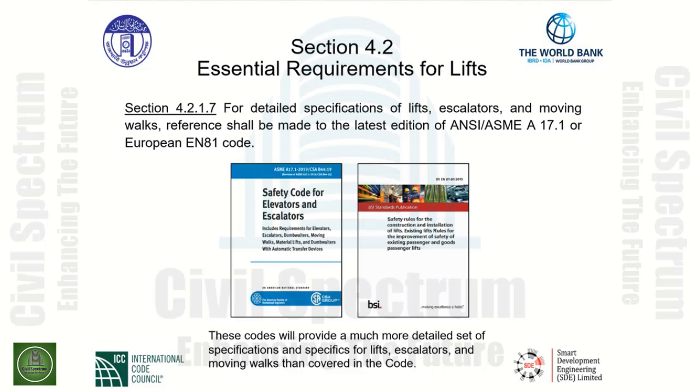These codes will provide a much more detailed set of specifications and specifics for lifts, escalators, and moving walks than covered in the code. This is where we get more specific with the mechanical and the electrical and many other dimensions regarding the design and installation of lifts, escalators, and moving walks.